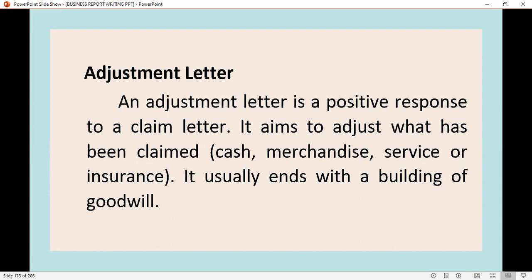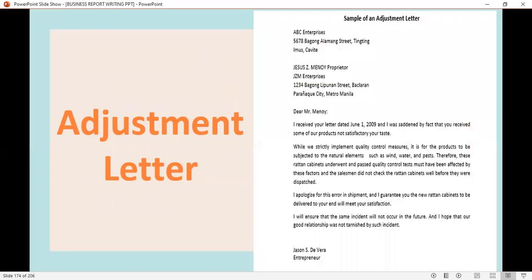For example, this one. Again, we have here the header or the letterhead and the receiver of the letter, who will be Jesus Z. Menoy. So I received your letter dated June 1, 2009 and I was saddened by the fact that you received some of our products not satisfactory to your taste.